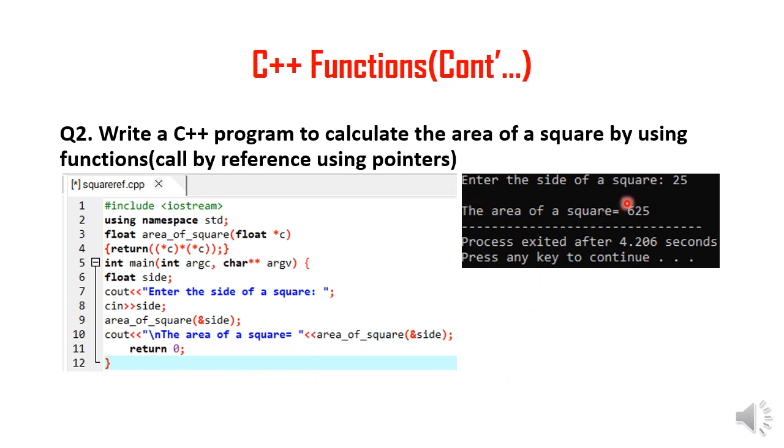So the programmer enters 25. 25 is the value of the memory location or variable side, and as I call my function by giving the address where to find the value 25, the function takes 25 and times 25 to get 625. So the area of square is 625.